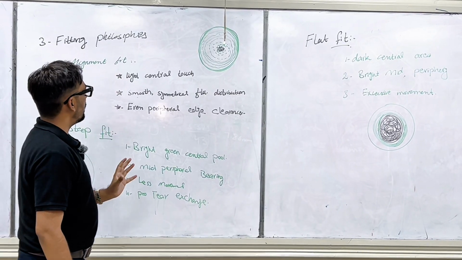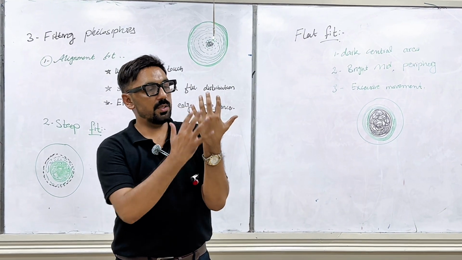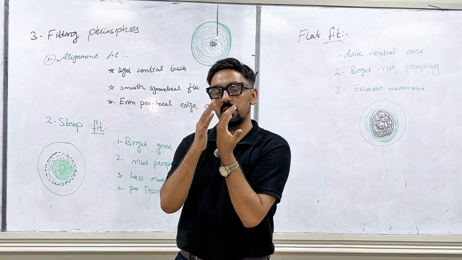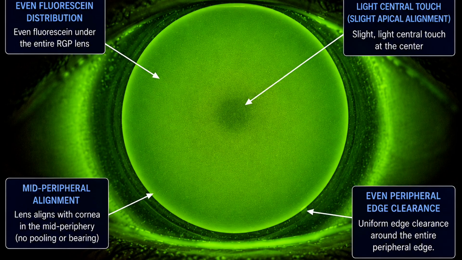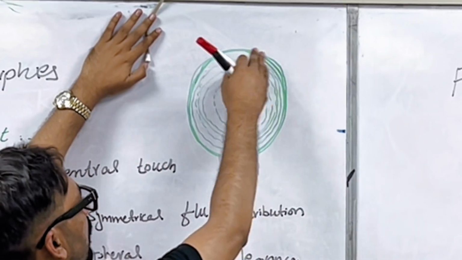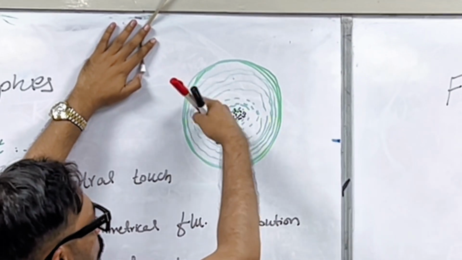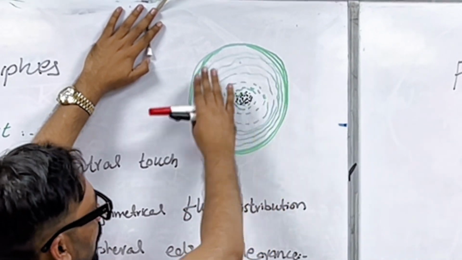And what are the characteristics of the alignment fit? Number one, for example, this is the cornea, and over the cornea this is the RGP lens, and behind the RGP lens there will be a complete symmetrical distribution of the fluorescein, as you can see over here. This symmetrical green portion shows the fluorescein distributed symmetrically under the RGP lens.